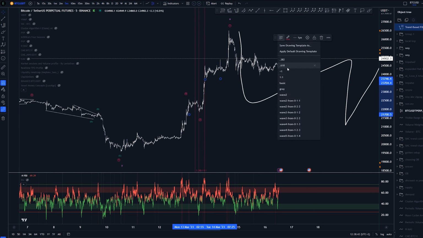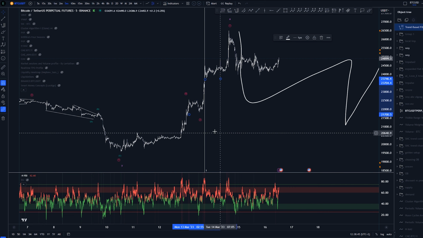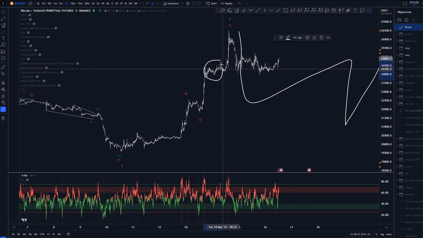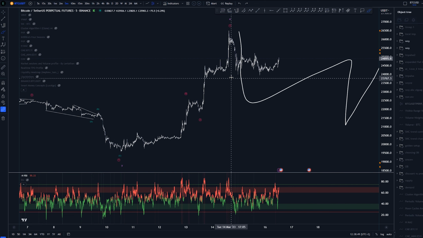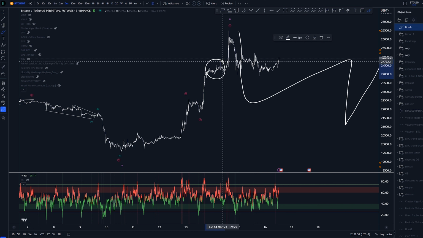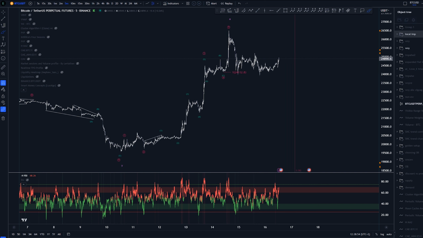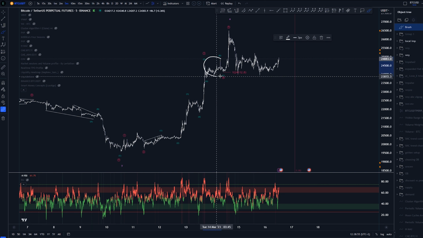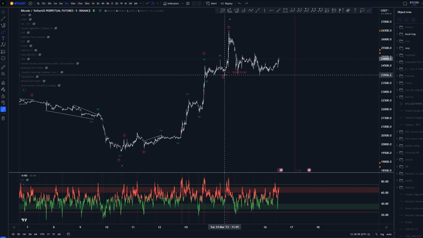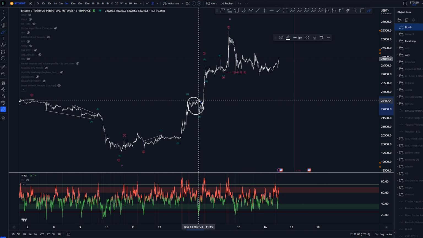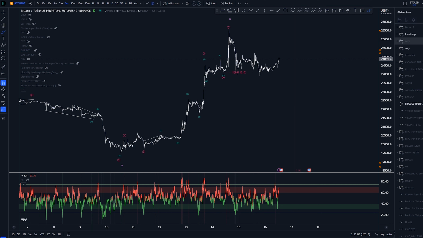We are just comparing 1-to-1 here. We can see that this consolidation here is larger. This generally means that this is a higher degree wave structure. This fits the local impulse wave better, where this is indeed a higher degree wave structure, and this is smaller, as it is smaller in time. So that fits the impulse wave count better.